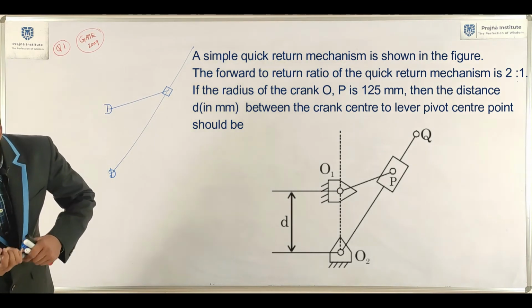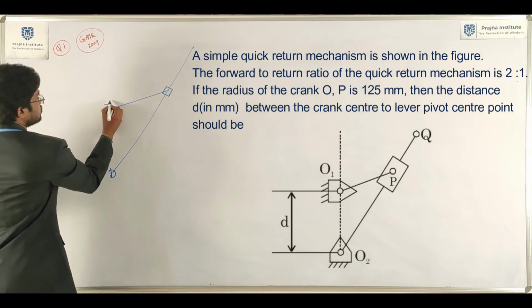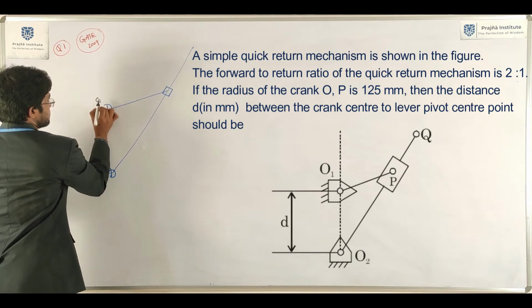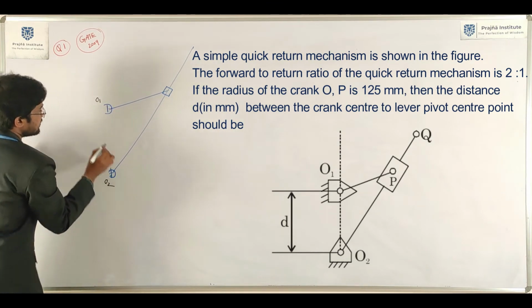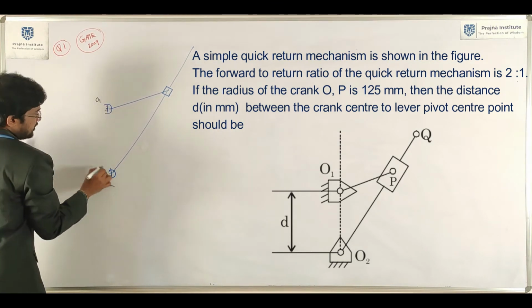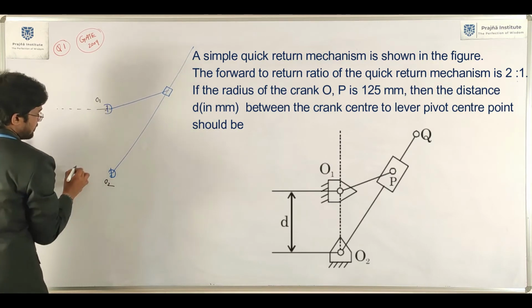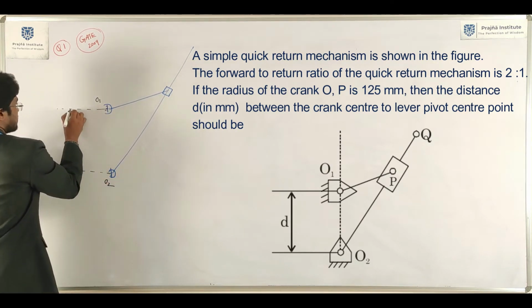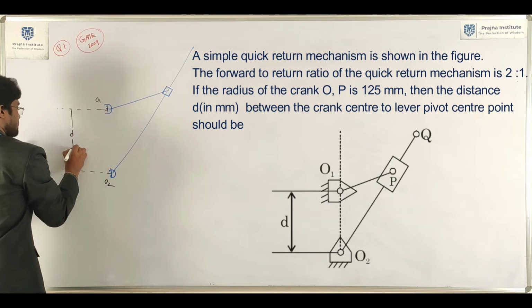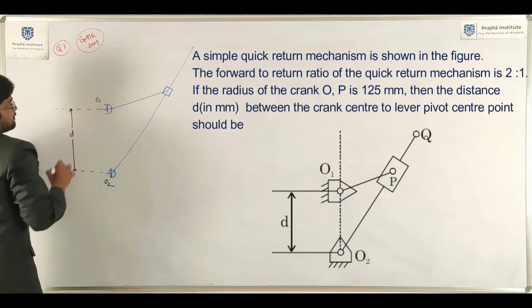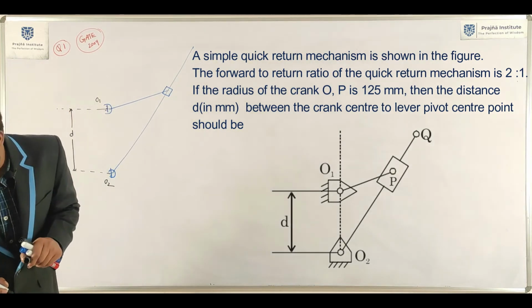Here it is O1, O2. The distance between them is D. After that, what are the link lengths given?